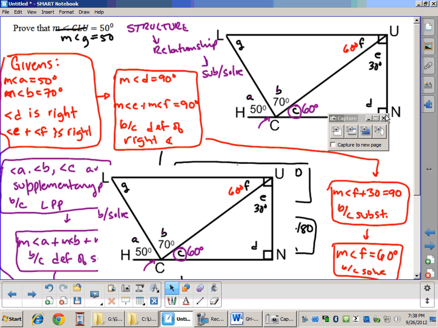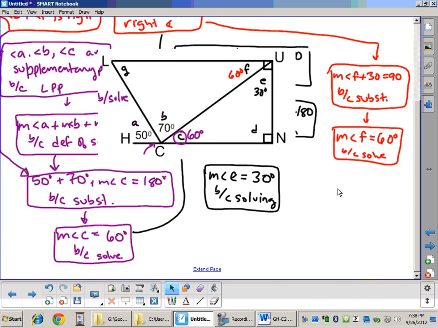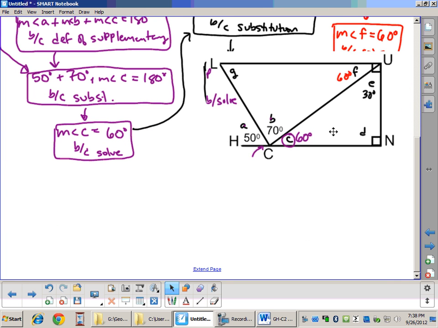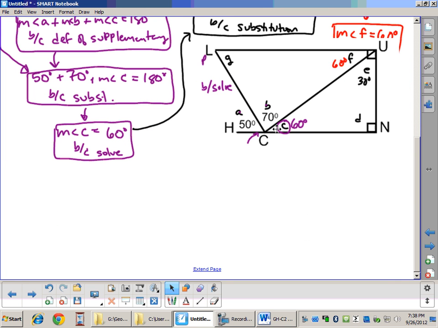Okay, so we have all this so far. What we're going to need is a final kind of triangle. Triangles are structure. Relationship will be triangle sum theorem. So the measurement of angle B plus the measurement of angle F plus the measurement of angle G equals 180 degrees.